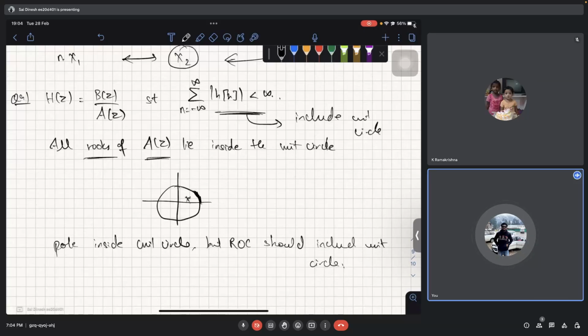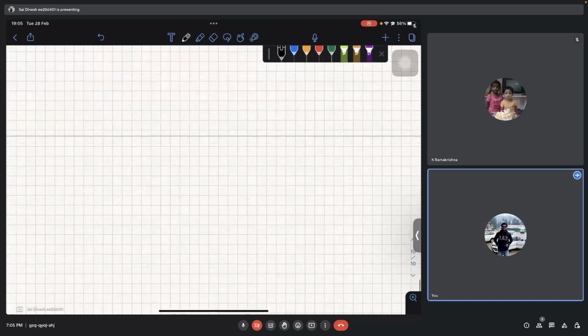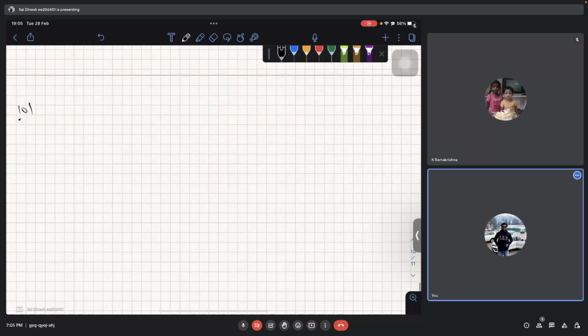This is the main information that we have from the question: the absolute summability and also the roots inside the unit circle. From this it's pretty straightforward to find the ones which satisfy the options in the question. So next one is the 10th question.